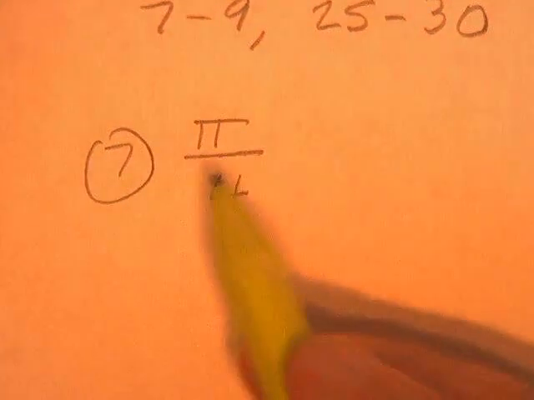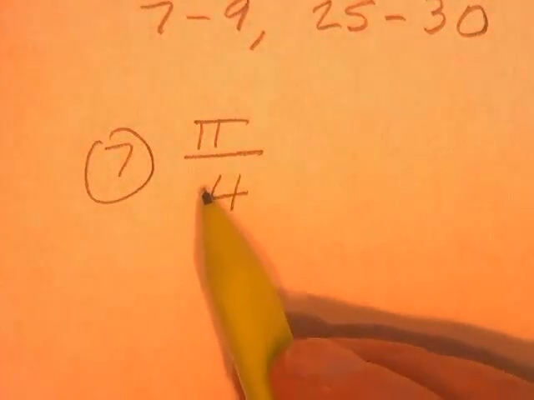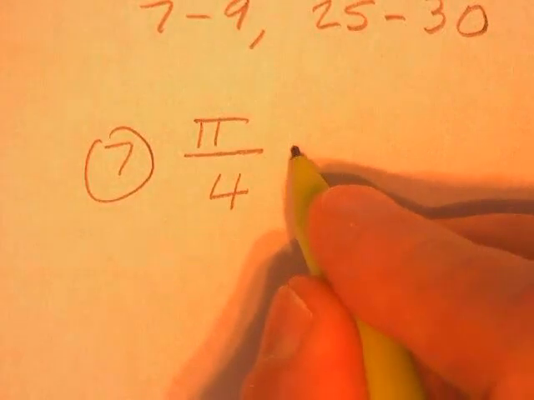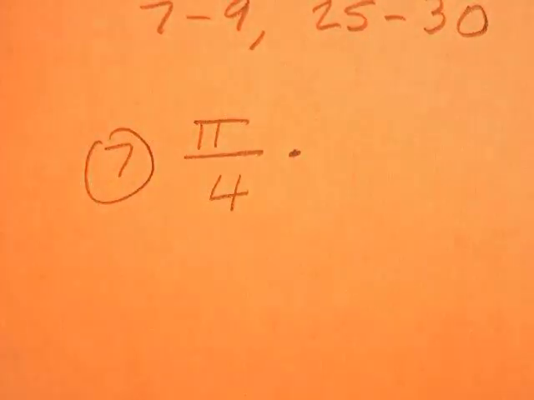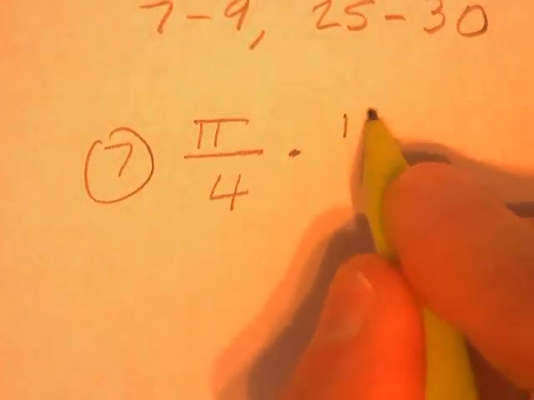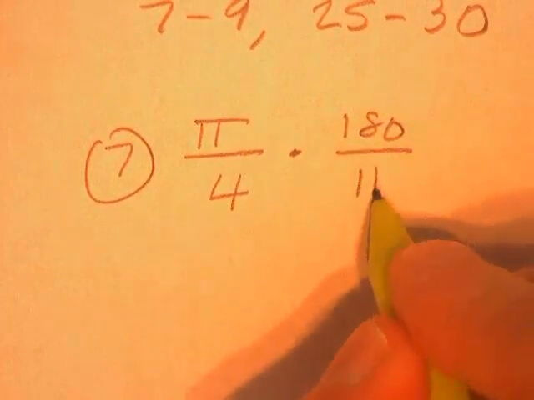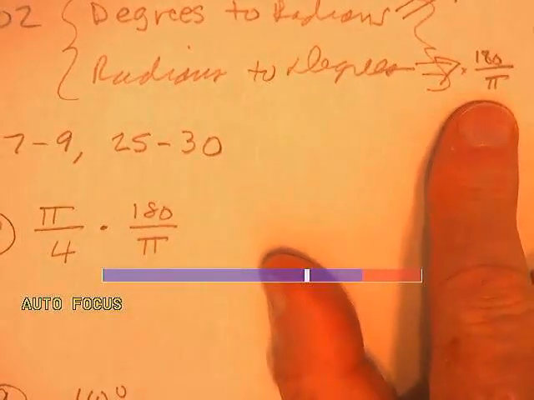So look right here, if you see pi in it, you know it's in radians. So I want to switch this to degrees. So I use this formula right here. Say it out loud in your room, wherever you're doing this, radians to degrees.